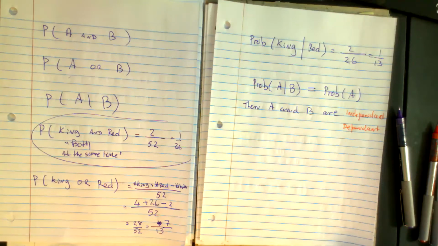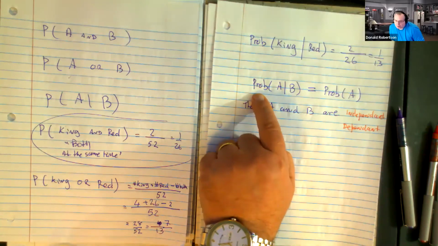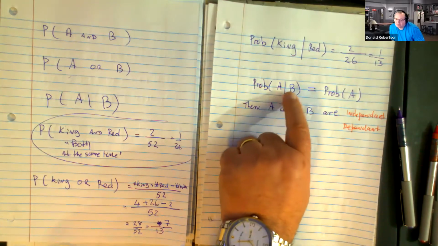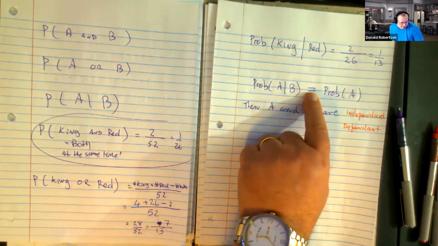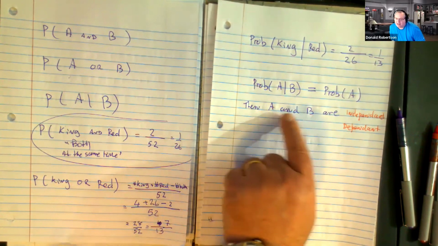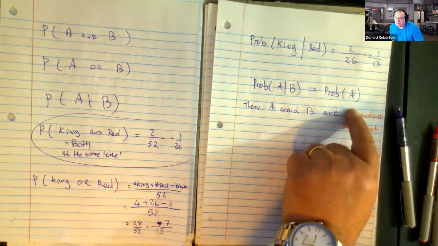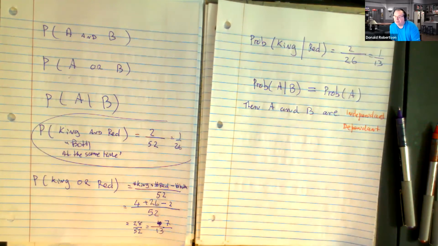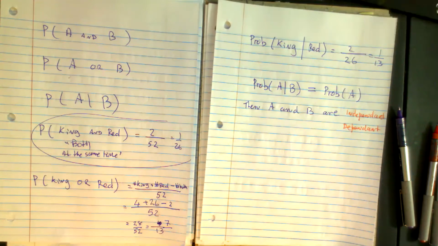Say that again. If the probability of A given B is the same number as the probability of A, then A and B are independent or dependent. Which is it? Independent. Correct.